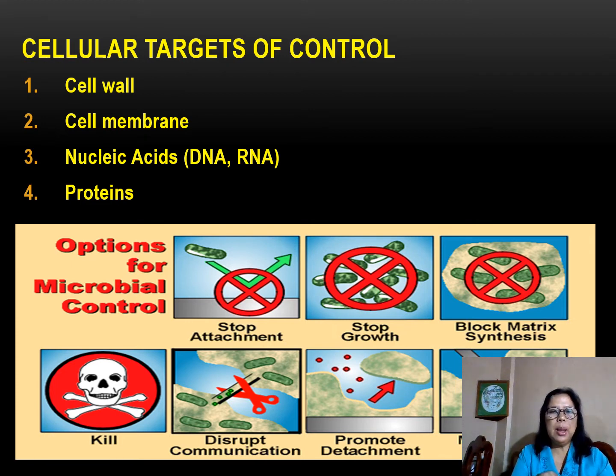So if attachment to the skin is prevented, it stops growth. Or directly, the microbial agent stops growth. Or sometimes it stops the contact. However, a better microbial agent should kill, not only stop, not only prevent the entry, but kill already.